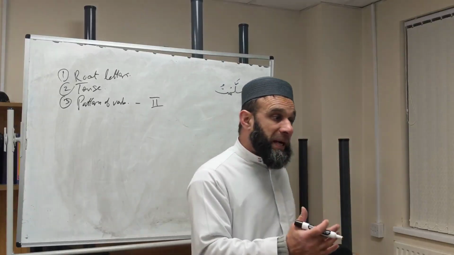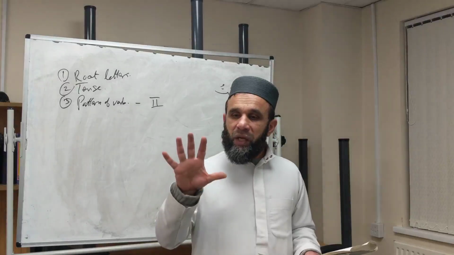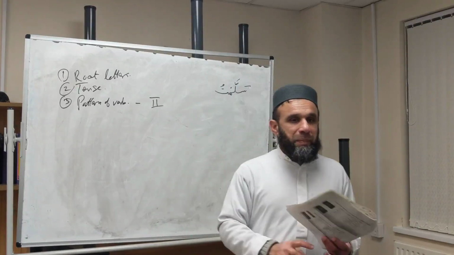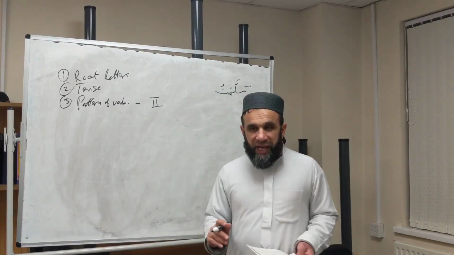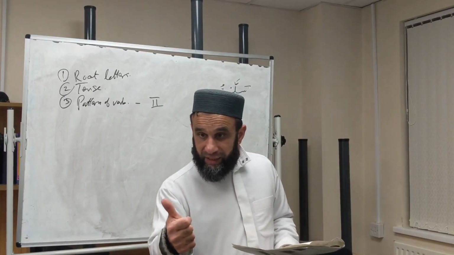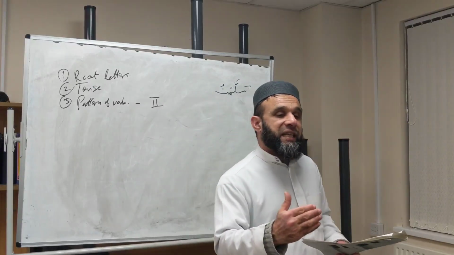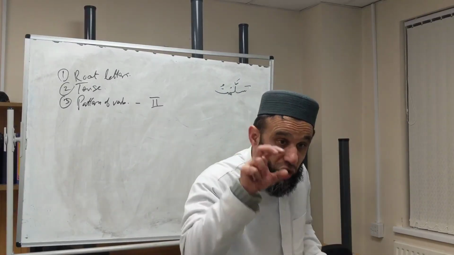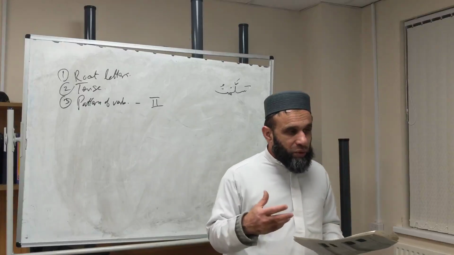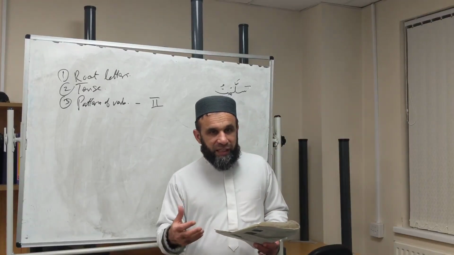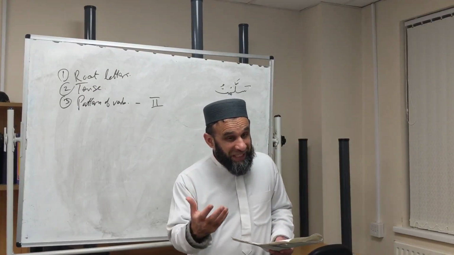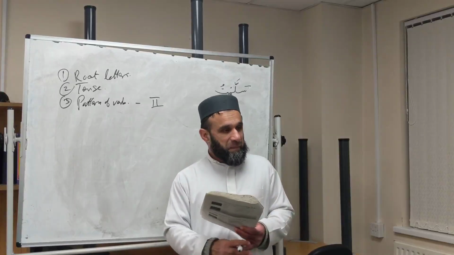Right? So these are the patterns. How many patterns will we be studying? 1 to 10. And how are these patterns made? Either the harakat are changed, or some extra letters are added to the root letters in order to attain specific meanings, right?